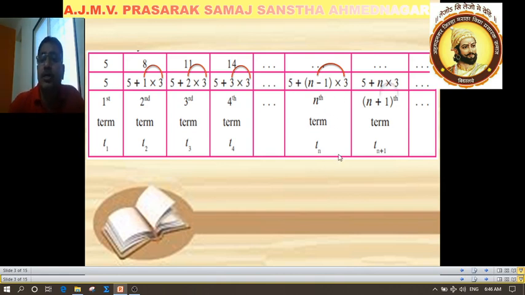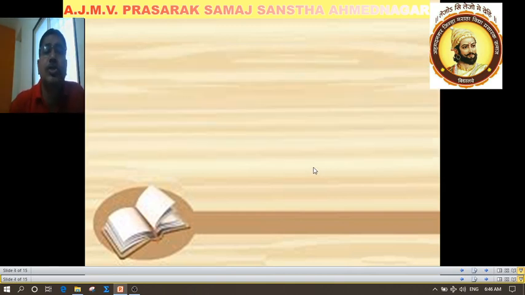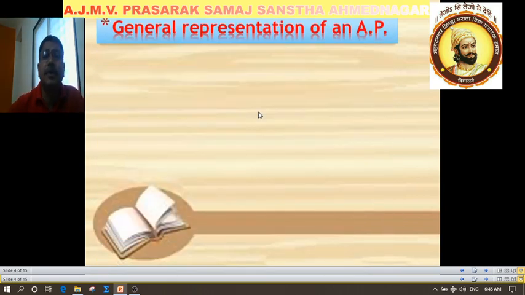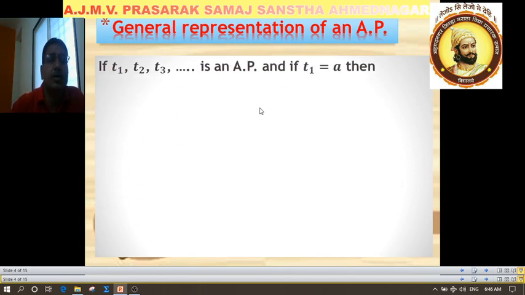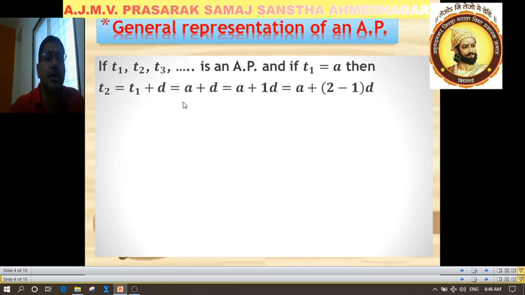So consider the generalization for the nth term of an arithmetic progression. General representation of an arithmetic progression. If T1, T2, T3, and so on is an arithmetic progression, and if T1 is equal to A, then T2 is equal to T1 plus D. Second term can be obtained by adding common difference in the first term.